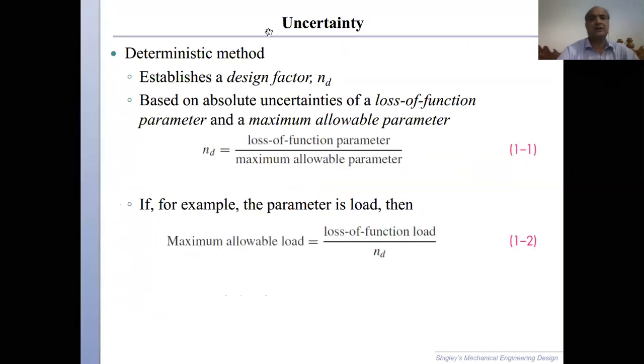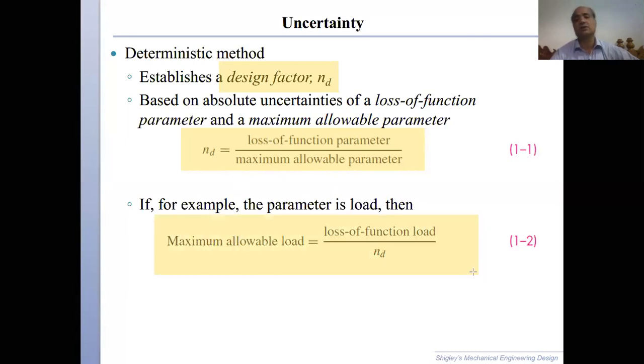And for that we discussed that there is a factor that we use, and we call that the design factor ND, which is mathematically equal to loss of function parameter over maximum allowable parameter. So for example, if the parameter is load, then ND will be equal to loss of function load over maximum allowable load, which is expressed in this equation.